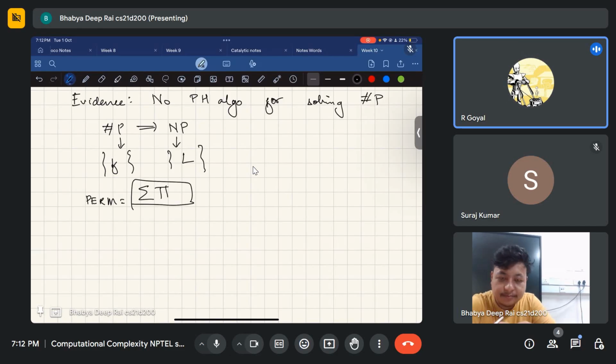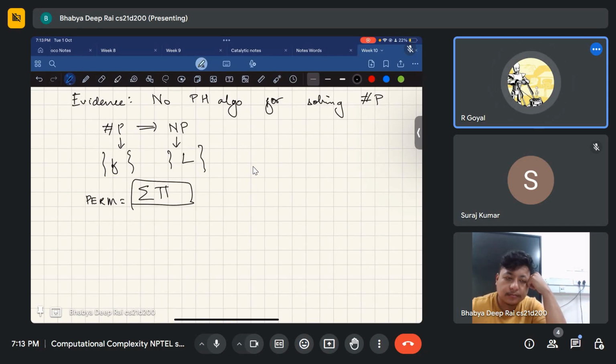According to the definition of sharp P, we derive it using a non-deterministic Turing machine. So anything we simulate over an NTM, its collection would give us a language.